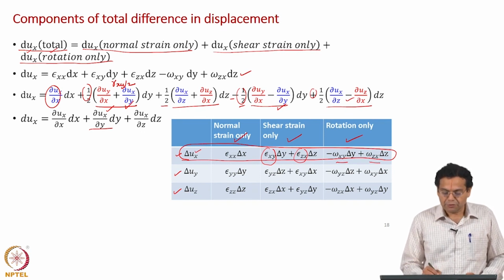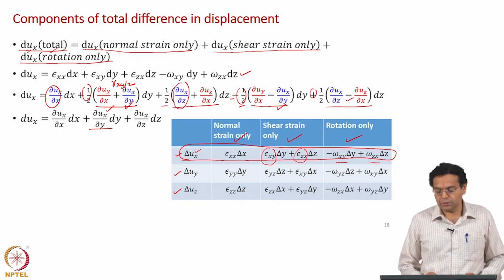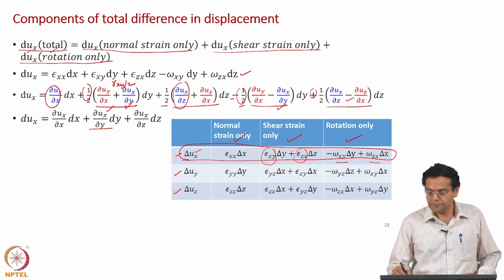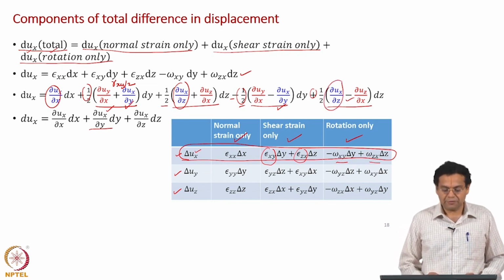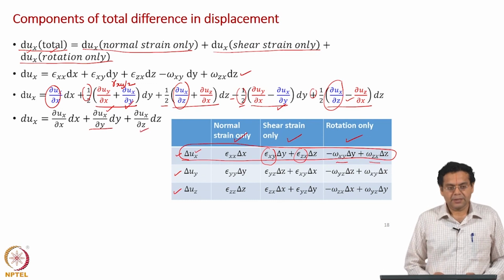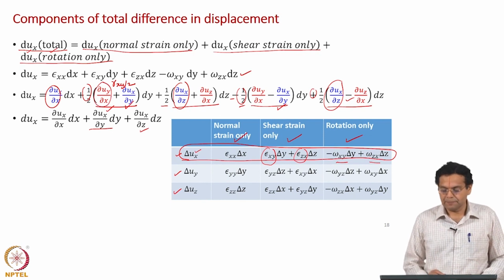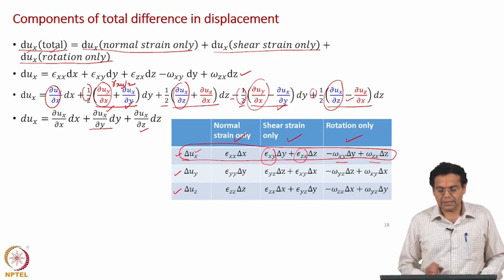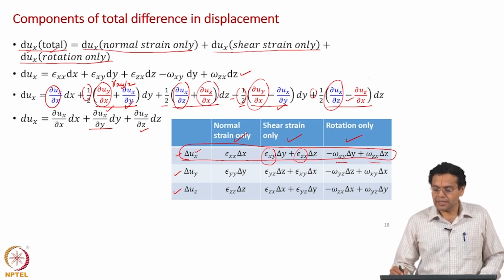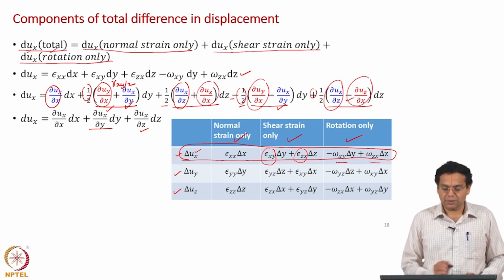Then if you sum up these two terms, dou ux by dou z, dou x by dou z, half half is 1, you get this term. The red terms cancel each other: you have dou uy by dou x here and minus dou uy by dou x, that cancels out, dou uz by dou x and minus dou uz by dou x cancels out. So only the blue terms remain.